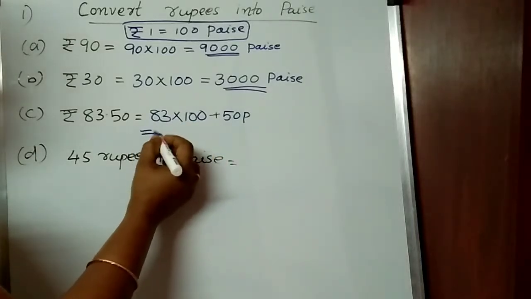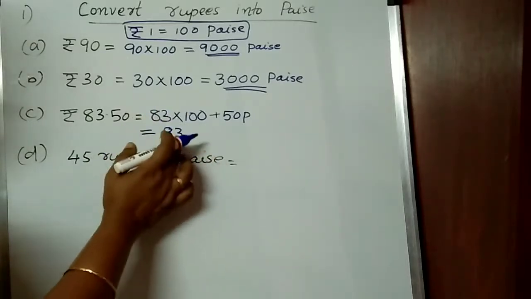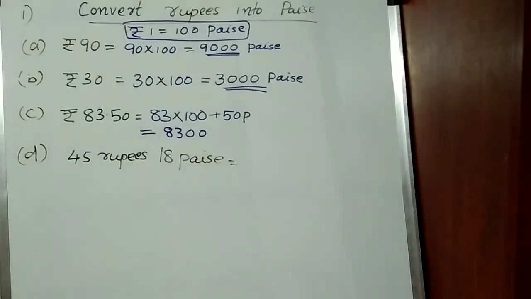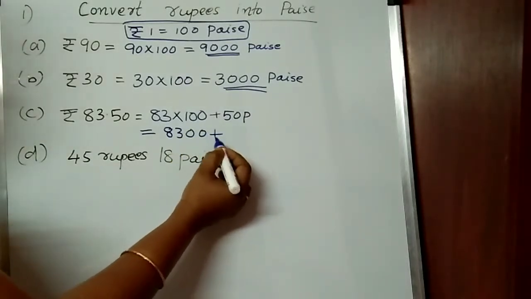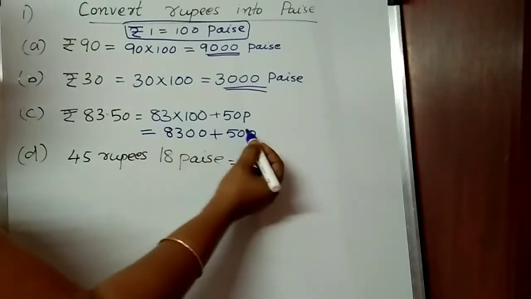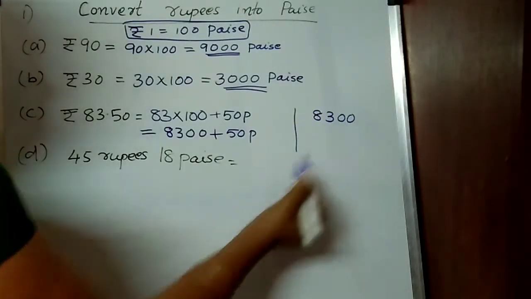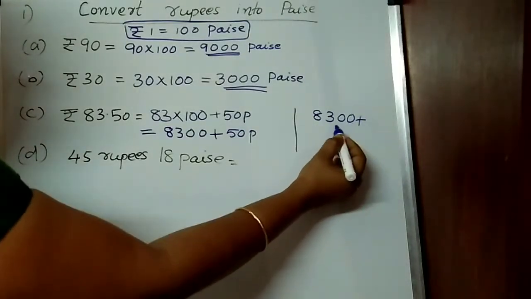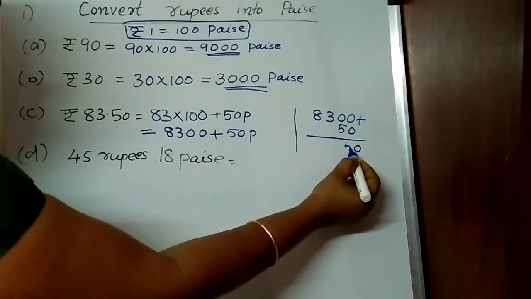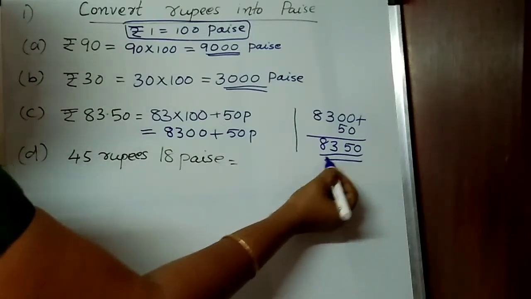So 83 into 100, what is your answer? First number you simply write, then in 100 how many zeros? 2 zeros. So 8300 plus 50 paise. Then you add these two numbers. When we add these two numbers, 0, 0 plus 5, 5, 3, 8. So how many paise?